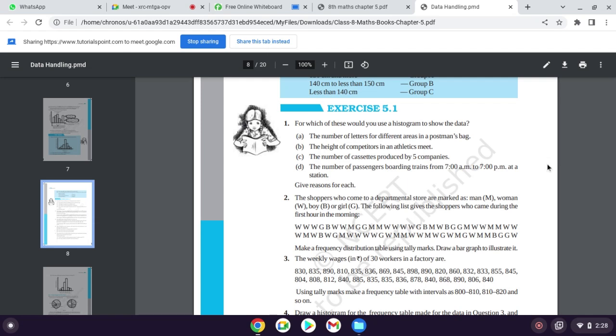C we cannot draw. Yes. C, because we don't have any specific data of the number of cassettes produced by 5 companies. If they talked about one company, we could, but not about the 5 companies. Done? And last one.